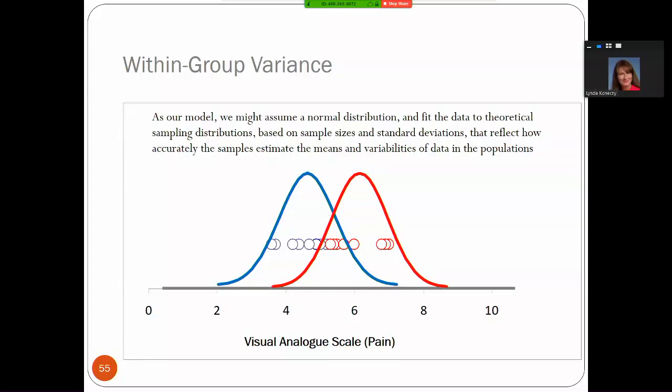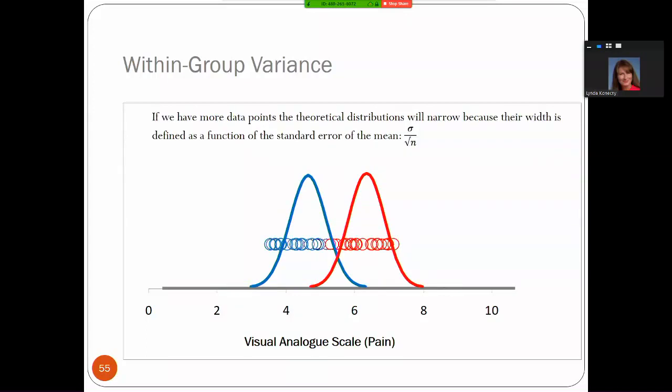And it might look something like this. So then what we're interested in determining is the signal, the difference between groups. Does it stand out sufficiently relative to the background noise to make the claim that our intervention worked?